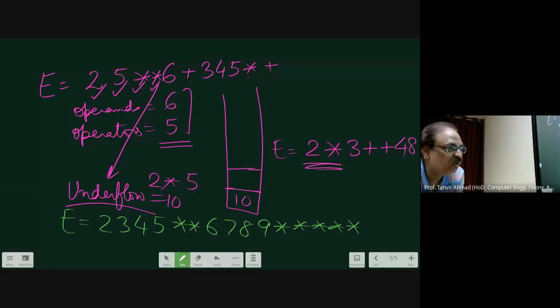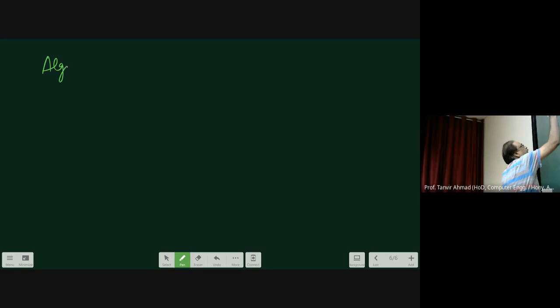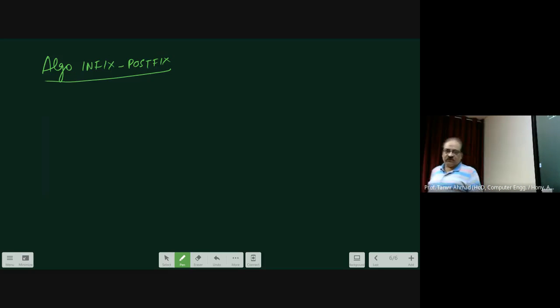Now let us try to do the other algorithm. But what you were asking, therefore I am going to write an algorithm for conversion of infix to postfix.